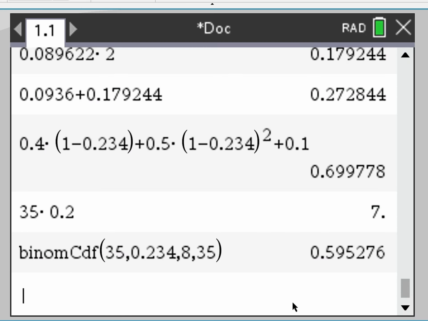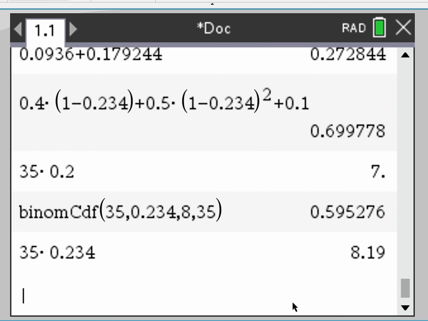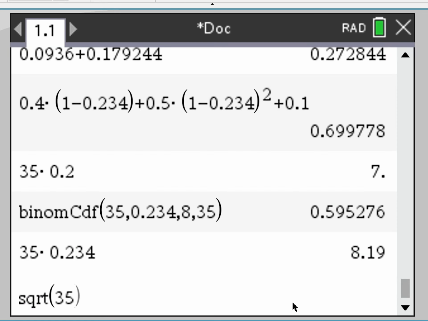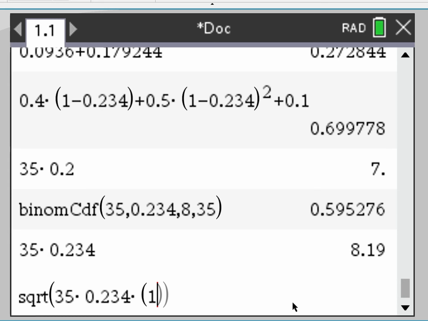So the mean is 35 times 0.234, which is 8.19. So the probability that 8.19, take away the standard deviation, so the square root of 35 times 0.234 times (1 minus 0.234).